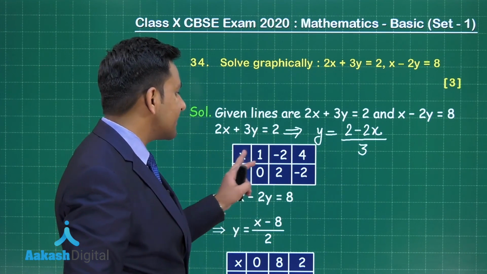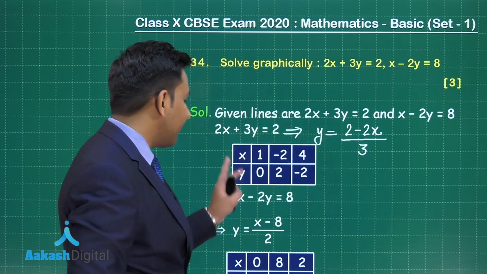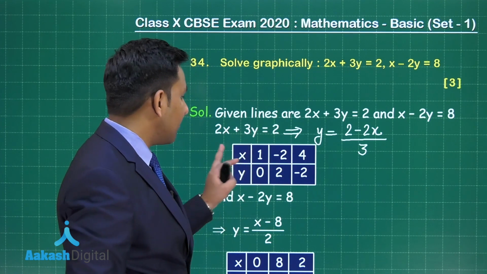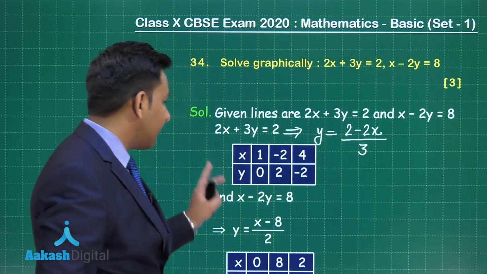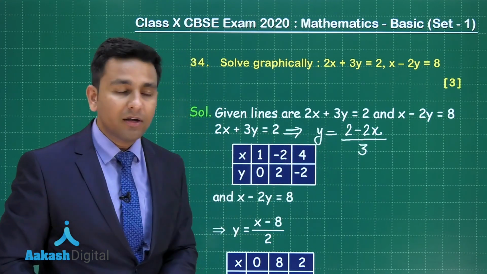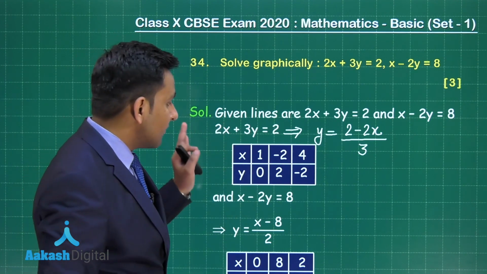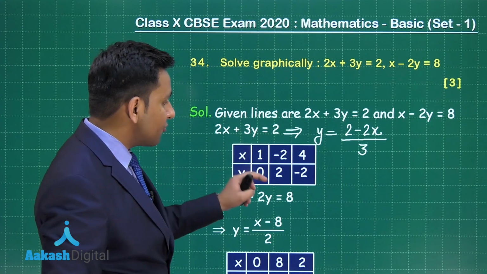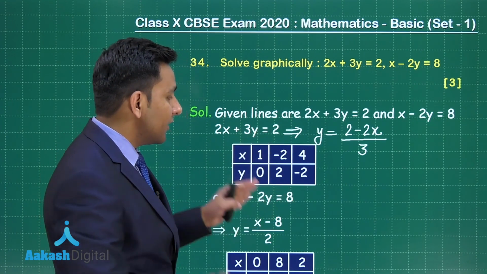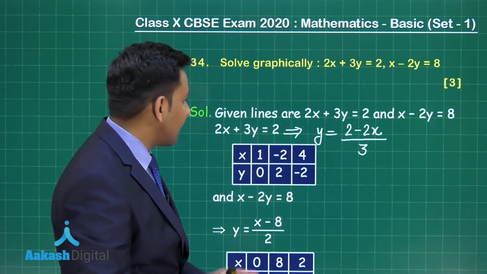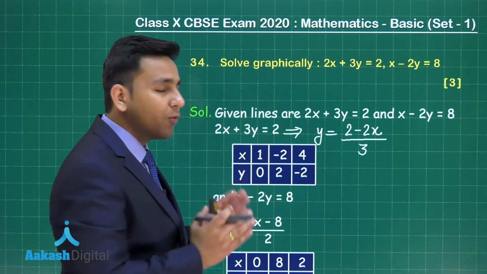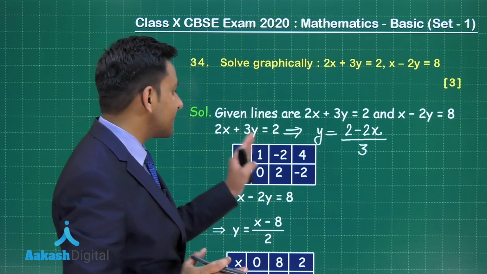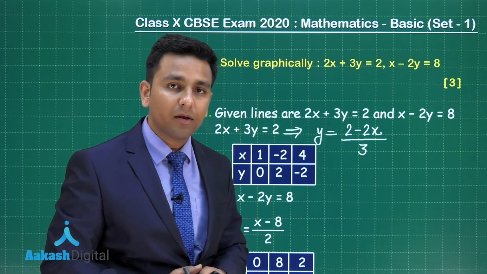Clear? When I put x is equal to minus 2, I am getting the value of y as 2. When I put x is equal to 4, I am getting the value of y as minus 2. So here we have the coordinates of 3 points: (1, 0), (minus 2, 2), (4, minus 2). These points satisfy this first linear equation in two variables, that is 2x plus 3y is equal to 2.